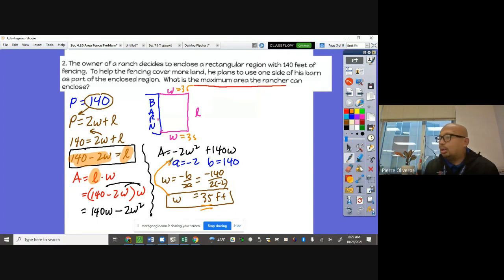That's how we do it when we do the vertex, plug it in to the W. So A equals negative 2 times 35 squared plus 140 times 35. This should have been 35 here.